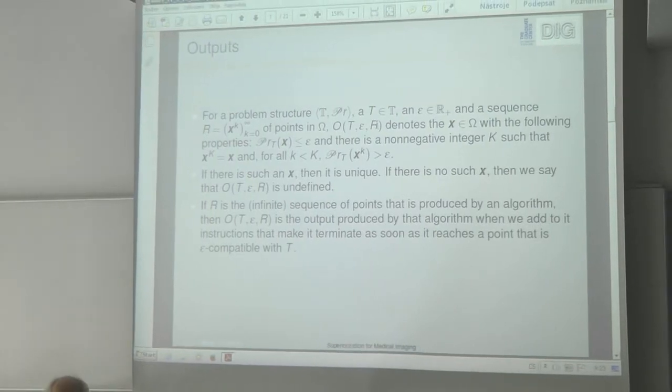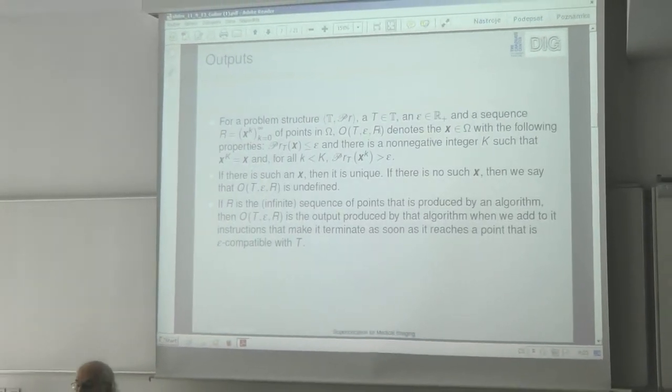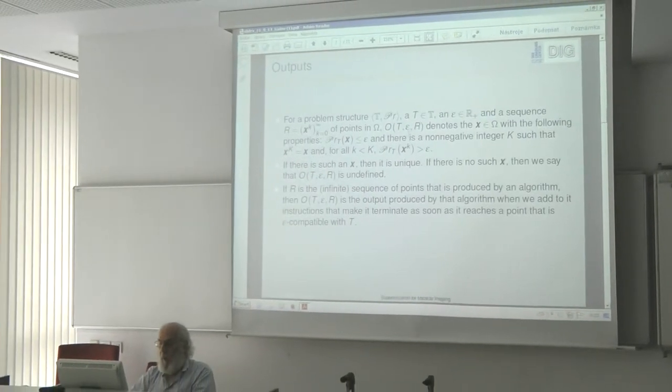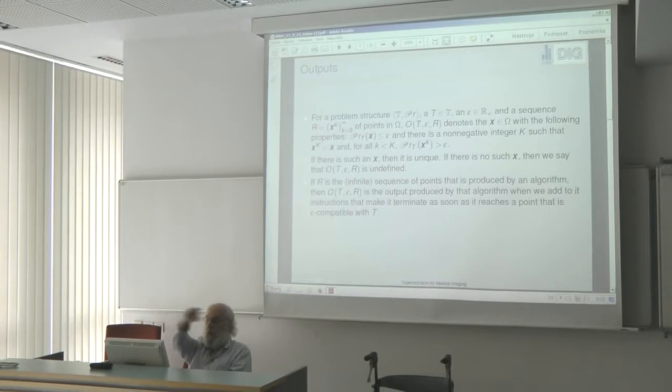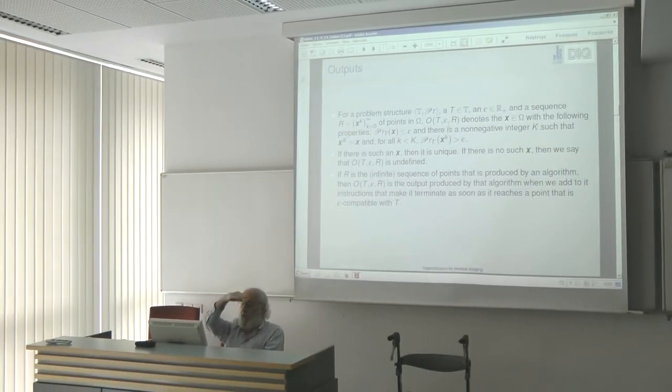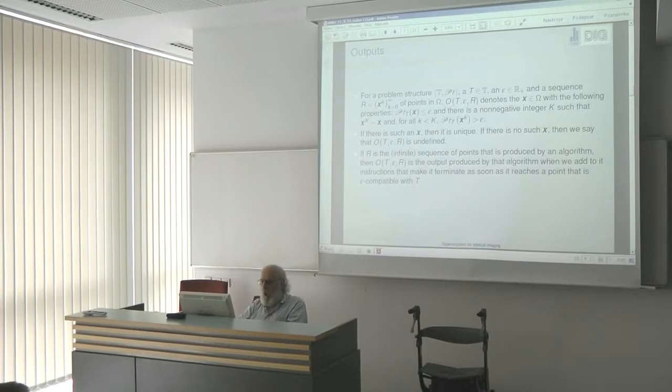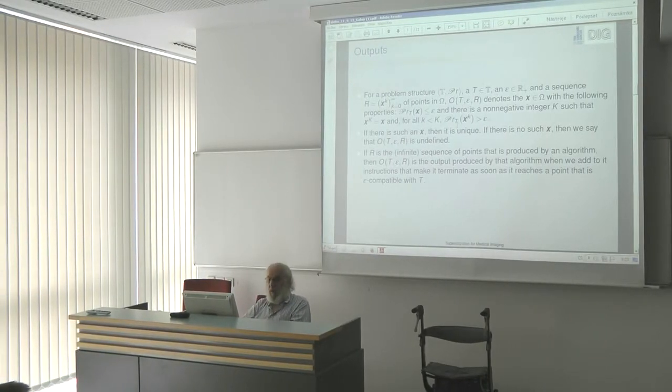It could be the infinite sequence that is produced by the iterative method for the problem T. What you do is you look at the infinite sequence, and after each step you check whether the proximity for the particular problem T that you're trying to solve is less than or equal to epsilon.